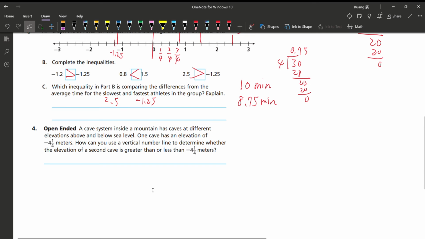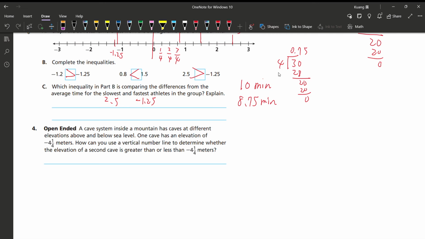Open-ended: a cave system inside a mountain has caves at different elevations above and below sea level. One cave has an elevation of negative 4 and a quarter meters. How can you use a vertical number line to determine whether the elevation of the second cave is greater or less than that? So you can explain.